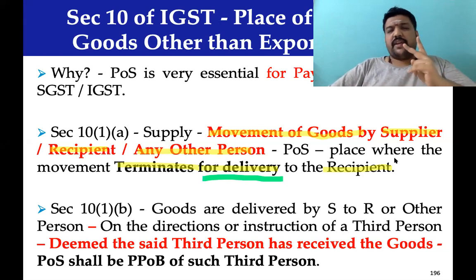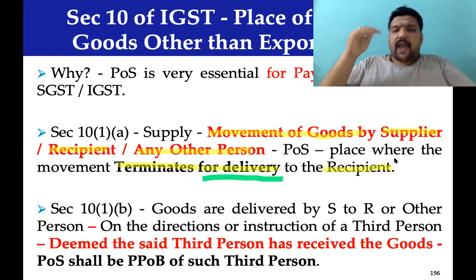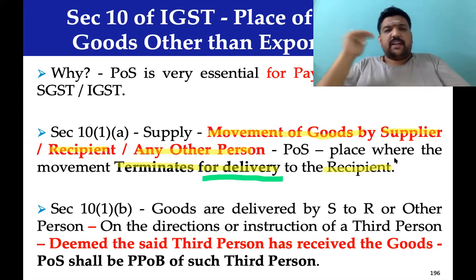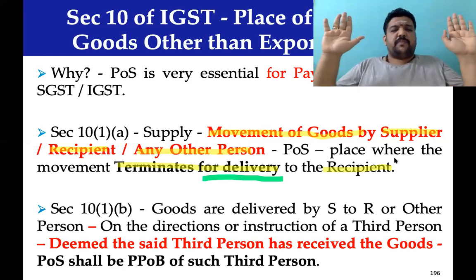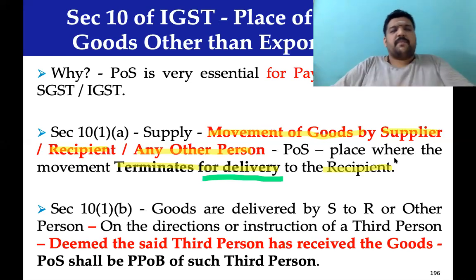This is a fight that happens between actual delivery and constructive delivery. What should I do for the exam? If you get an ex-factory question, you should write both answers. Actual delivery is the place where the goods are delivered, where risk and responsibility stop. That becomes the place of supply.